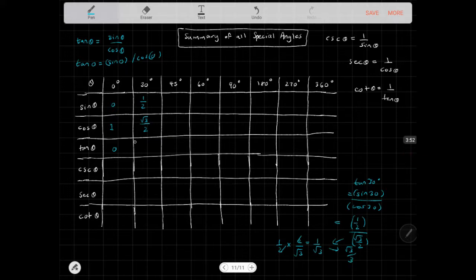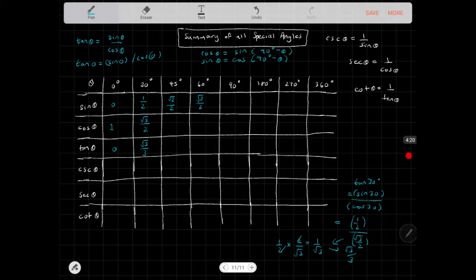And we know this is true because by drawing the special triangle, this was square root 3 over 3, okay? Sine 45 was square root 2 over 2. Sine 60 was square root 3 over 2, which is the same value as cosine 30, and we looked at that notion that sine theta is equal to cosine of 90 degrees minus theta, and vice versa, that cosine theta is equal to sine of 90 degrees minus theta as well.